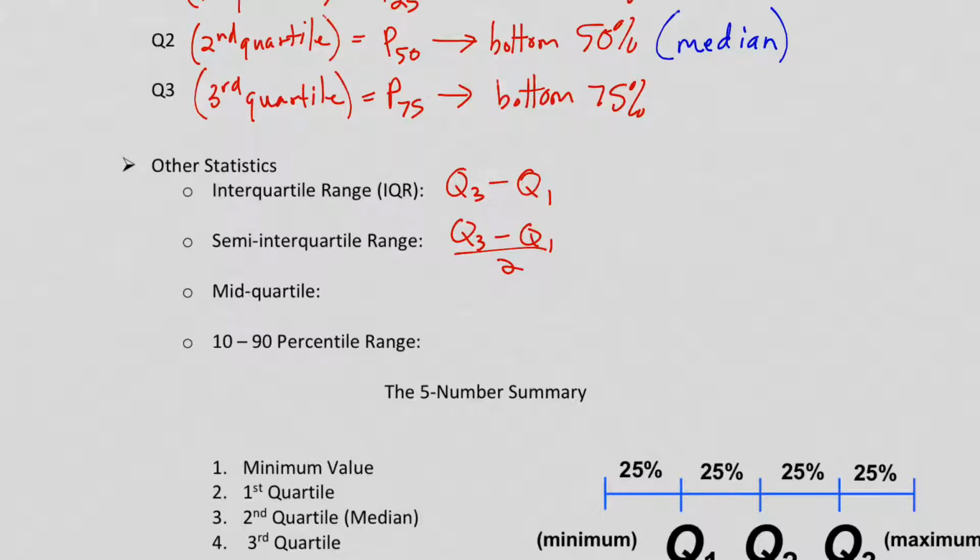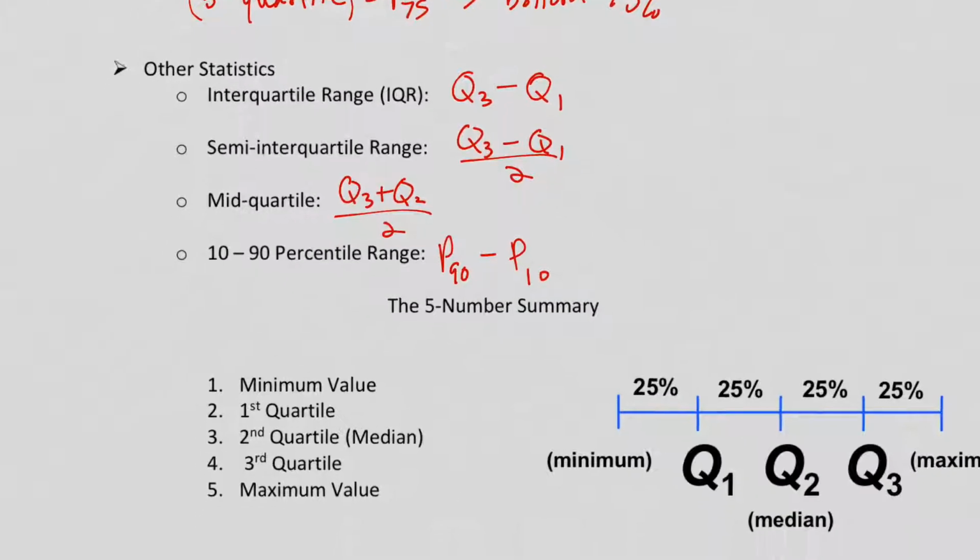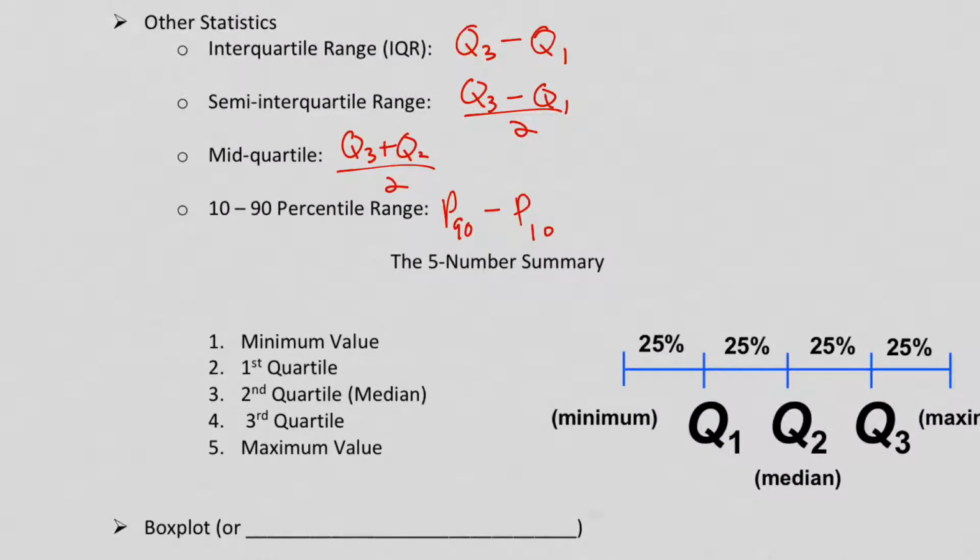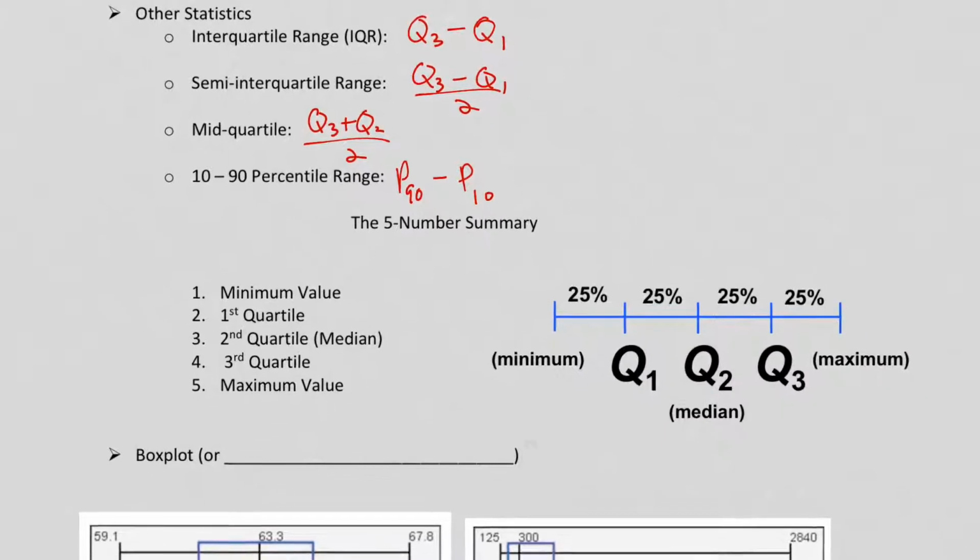The mid quartile would be Q3 plus Q1 divided by 2, and then the 10th through 90th percentile range would be just the difference between those two percentiles. Okay, so just some simple formulas to keep in mind if you have to deal with this in other areas, or if you just need the vocab.